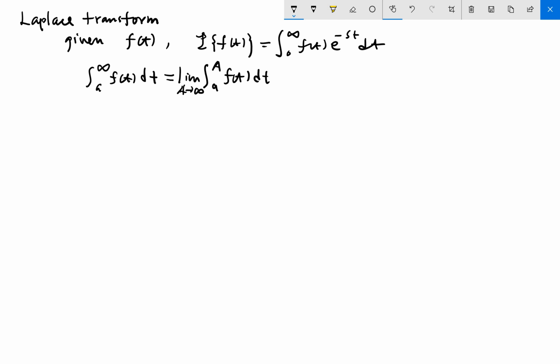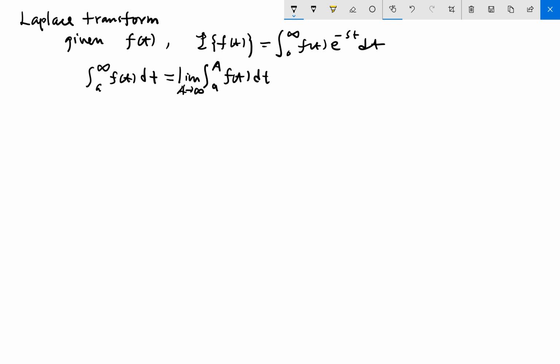From small a to capital A, this is a proper integral, which we are familiar with. After you integrate this, you get a function of A, then you let A go to infinity. If this limit exists, we say this improper integral converges. Otherwise, we say this improper integral diverges.